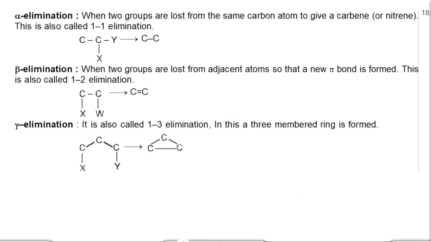Now when two groups are lost from adjacent atoms, again there is a formation of a pi bond, and this is called 1-2 elimination. This is the most common.